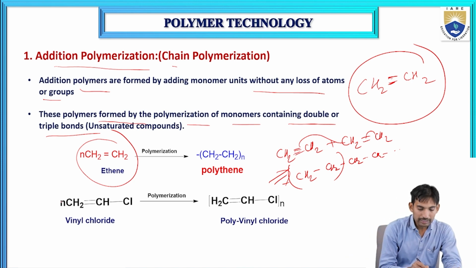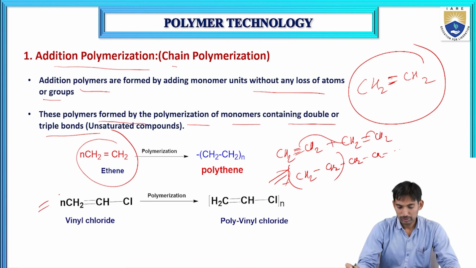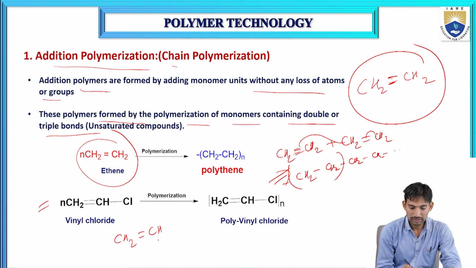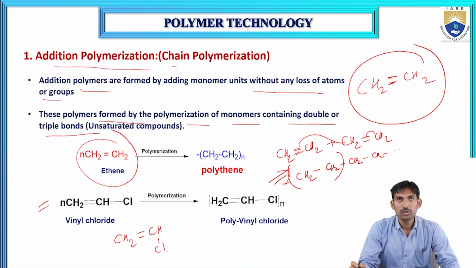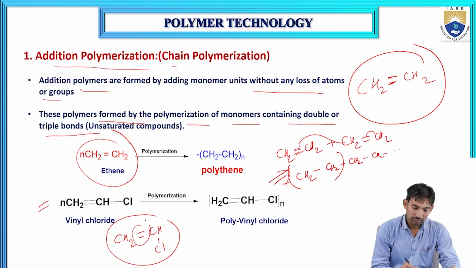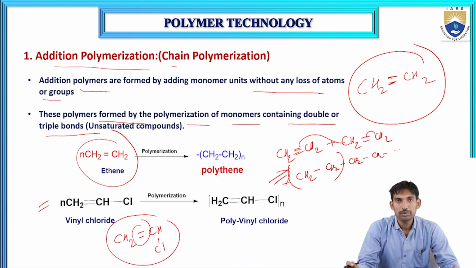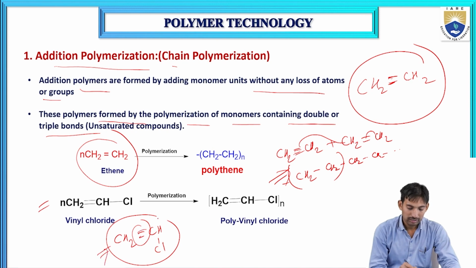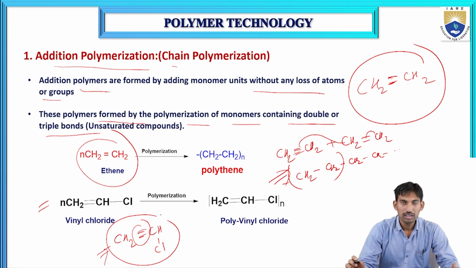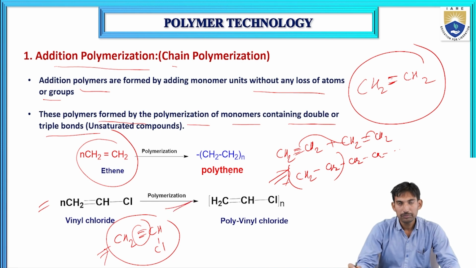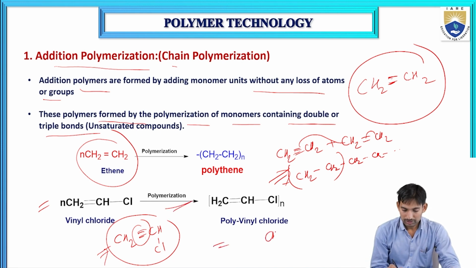The next example is vinyl chloride. The structure of vinyl chloride is CH2 double bond CHCl. This is the monomer. For addition polymerization, the monomer should contain at least one double or triple bond. In vinyl chloride there is one double bond, so it will undergo polymerization and form CH2 CHCl.